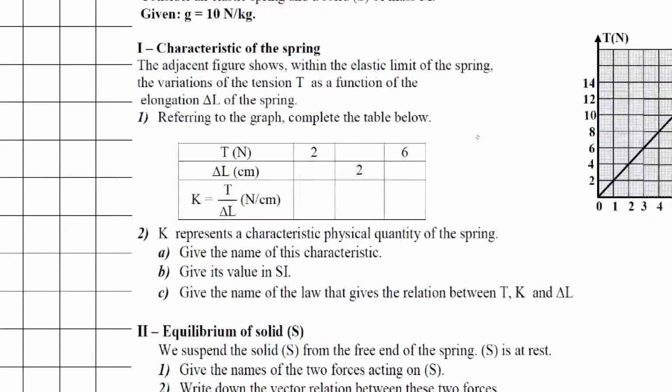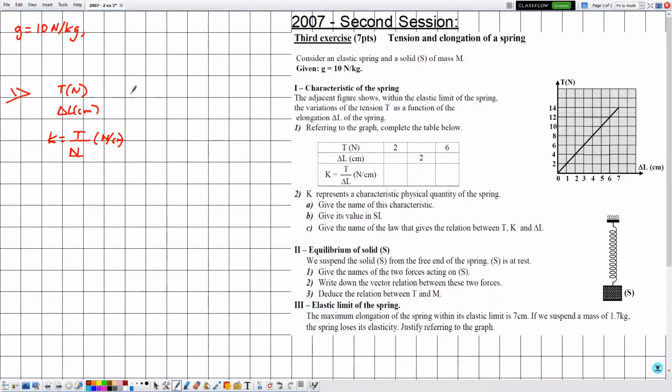So this table, other than this column, consists of 3 columns.